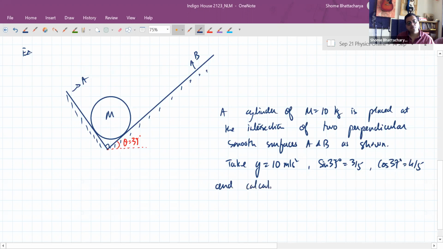And calculate the normal reaction contact force applied by each surface.